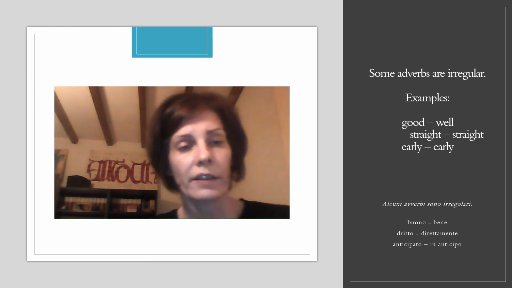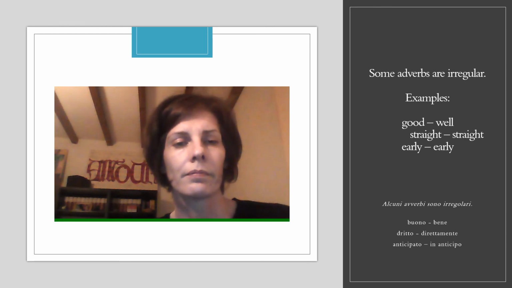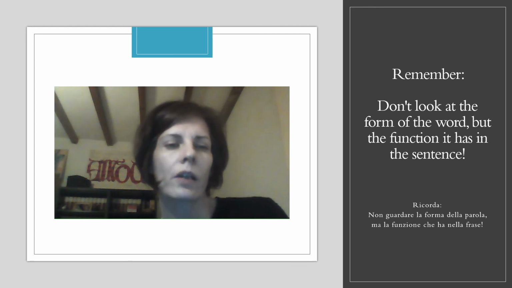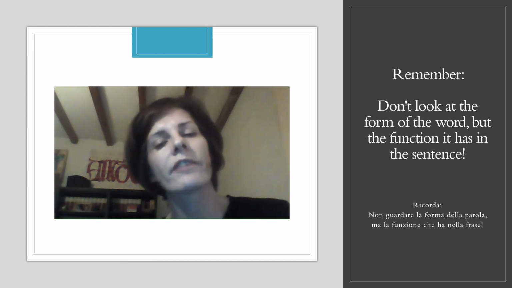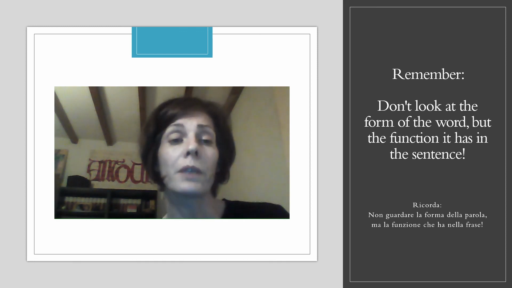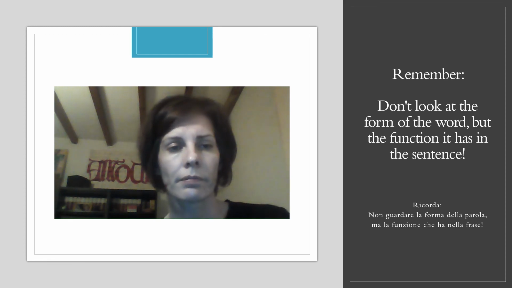Good is the adjective, but the adverb is well. So just remember, no sense in looking at the form of the word, but look at the function it has in the sentence. Only this way will you understand if you're talking about an adverb or not.